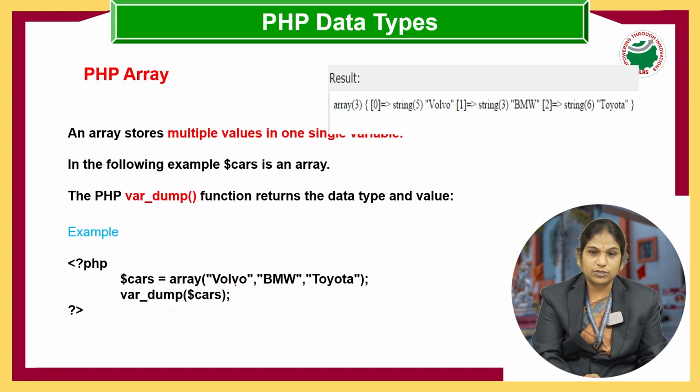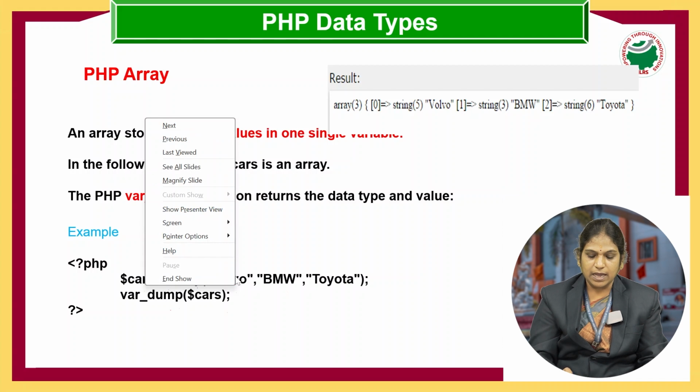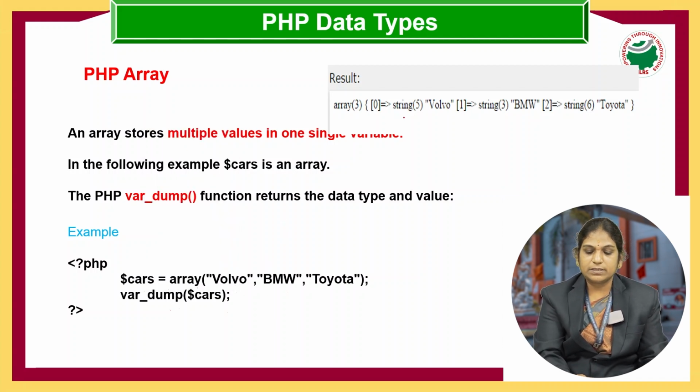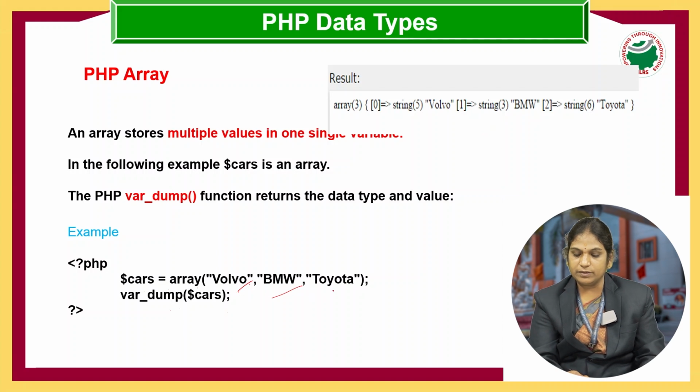So here it is going to display the output as array of 3 and string, how many characters is it including? 5 characters. String of 5. Next, BMW is the value, and string of 3, and string of 6 again for Toyota.